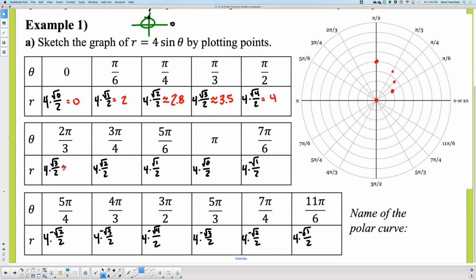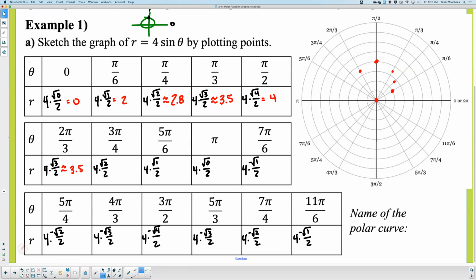So let's see if y'all are catching along. Because sine increases and decreases here, the square root changes by the same amount. What's this value going to be? What's 3.5? Good. So at 2 pi over 3, we go to 3.5 again.